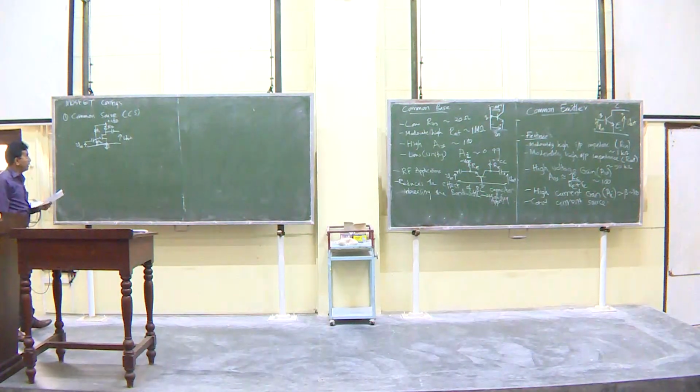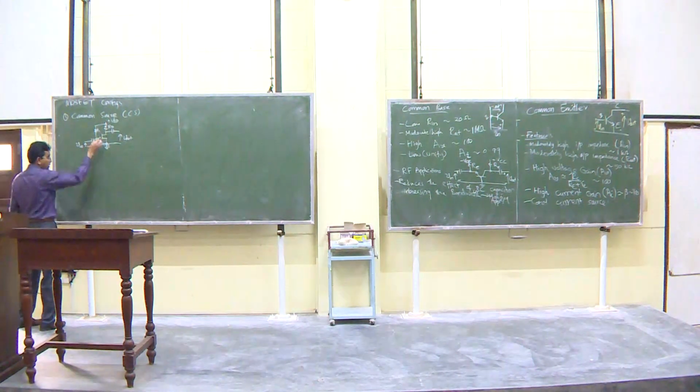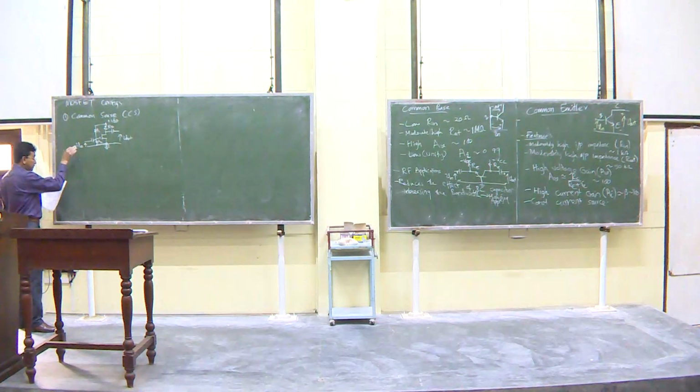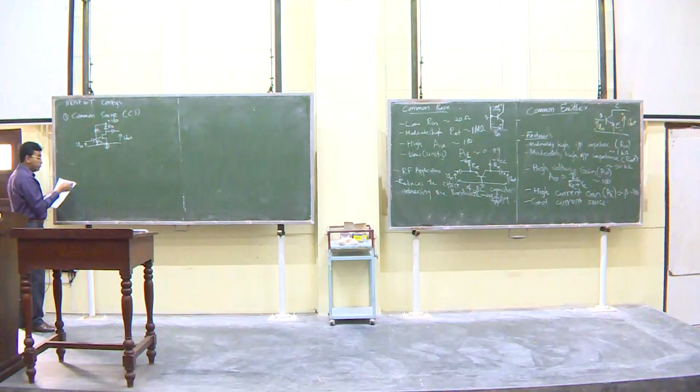Identical to what you had previously, but instead of a BJT, you have a FET. Again, you have a biasing circuit to ensure you have a signal even when the negative signal is applied.